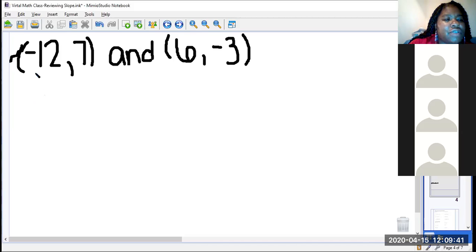So what would negative 12 be? I had put that for X1. Yes, x1. So negative 12 would be x1. Negative 12 is the x coordinate of the first set.